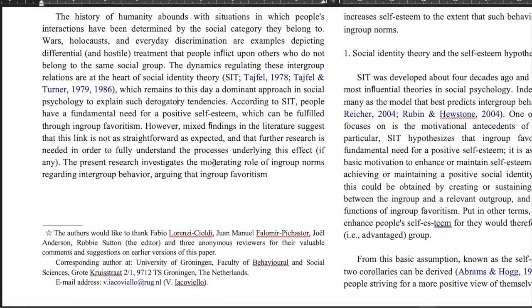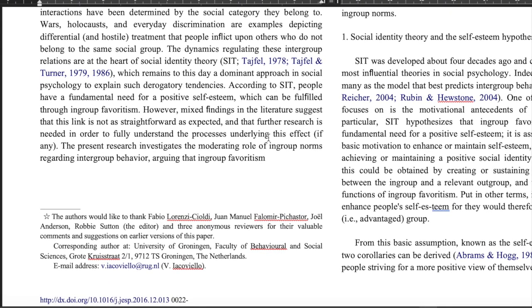And then I said that the next part should be the gist of recent findings about this particular phenomenon. So the author says, however, mixed findings in the literature suggest that this link is not as straightforward as expected, and that further research is needed in order to fully understand the processes underlying this effect, if any.